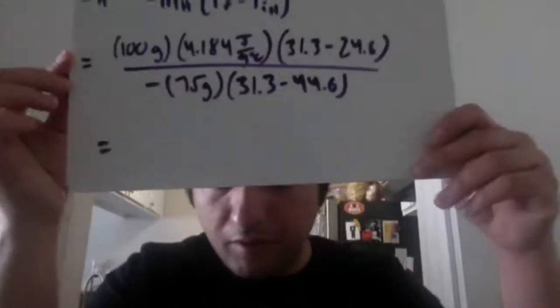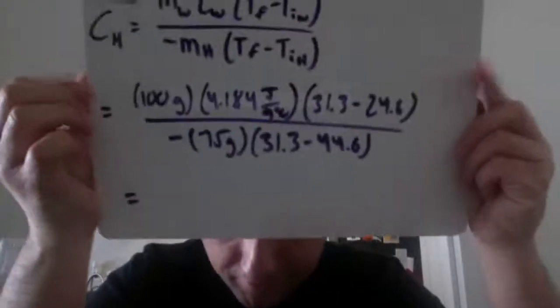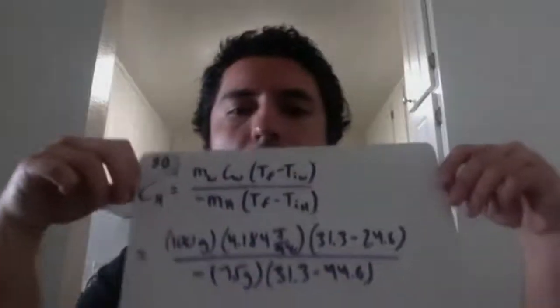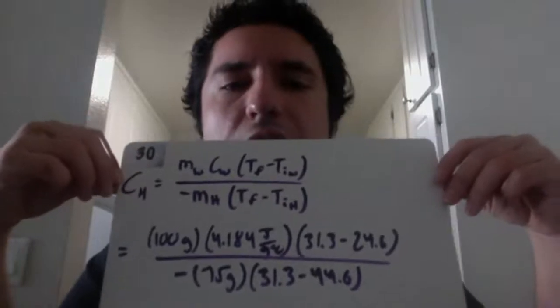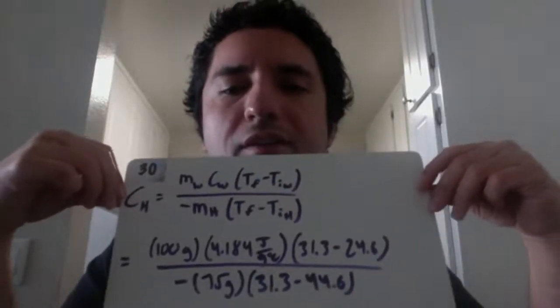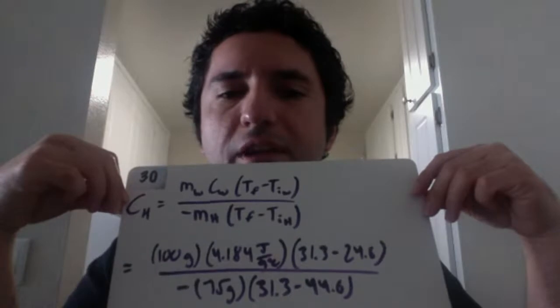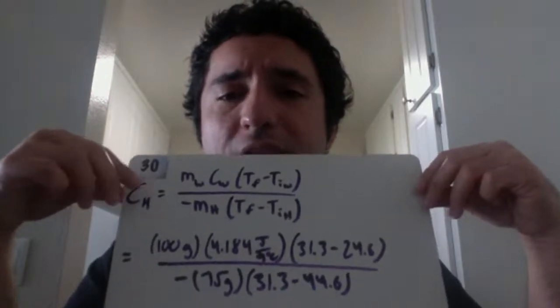All right, so for this one here, I just did this all up here. Now, keep in mind, I looked this up online, and they didn't give me the mass of the HCl.